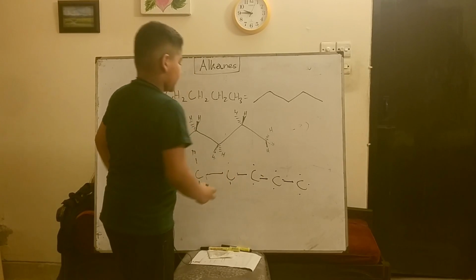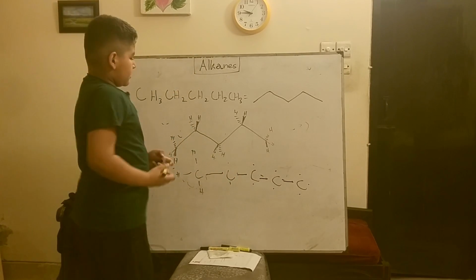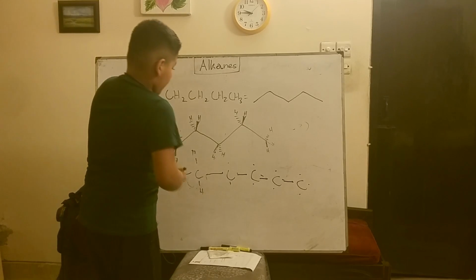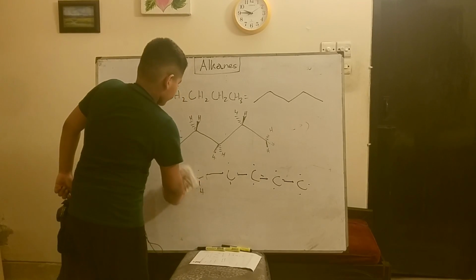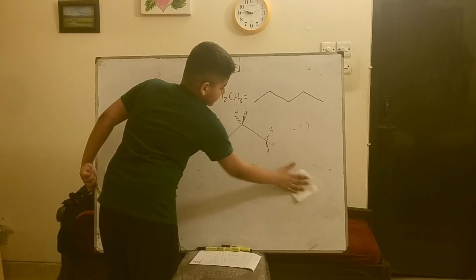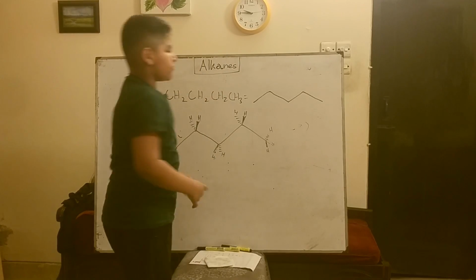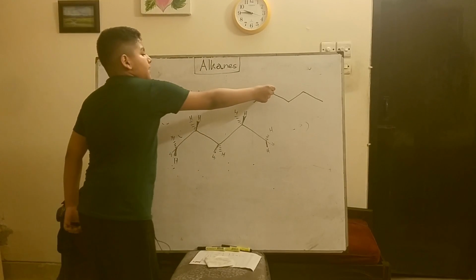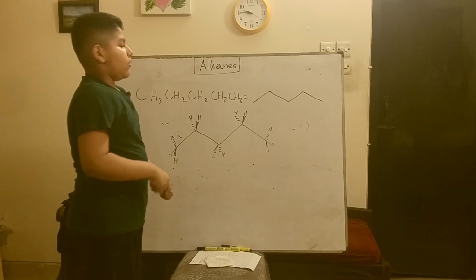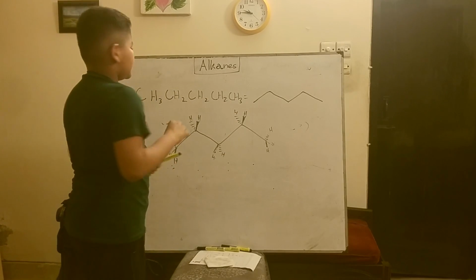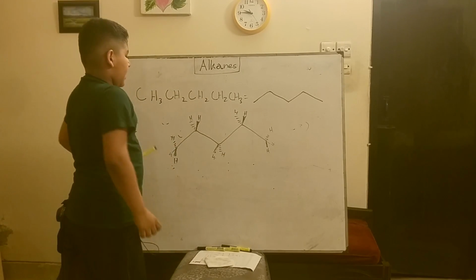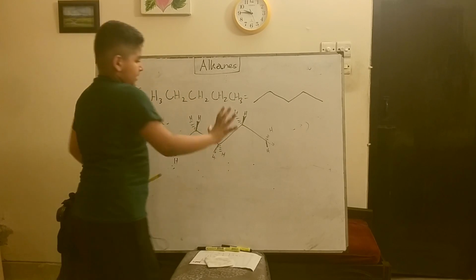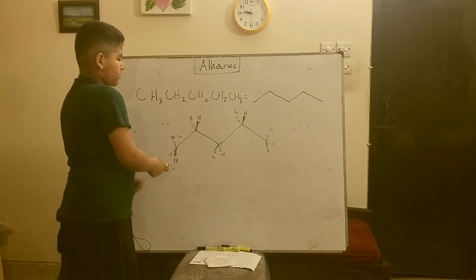And this is how we can go with the Lewis-Dot structure. But instead of drawing carbon all the time, we can just make that a vertex or an endpoint to make it a little easier. Now, this is what it actually means. This is the hydrogen bonds.